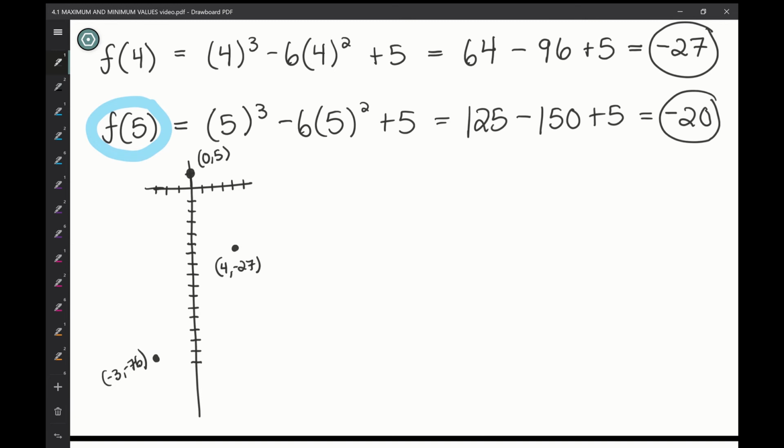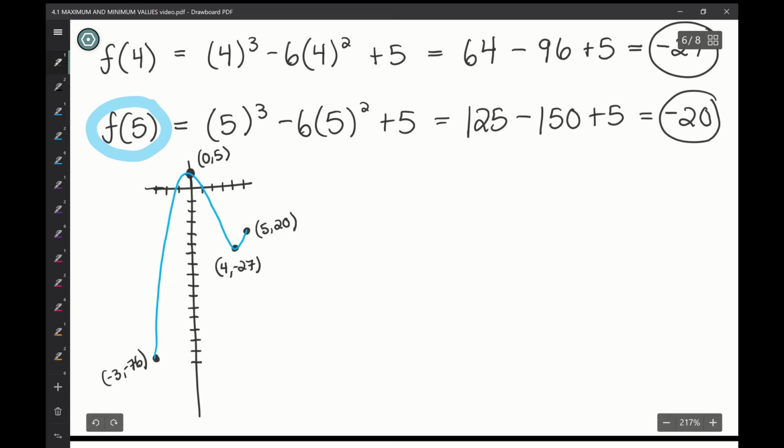And f of 5 is negative 20. So that means that our function is doing something vaguely like this. If it were a different function, something that wasn't a polynomial, we might have to find some other information. But since this is a polynomial, we know that it will roughly connect like this.